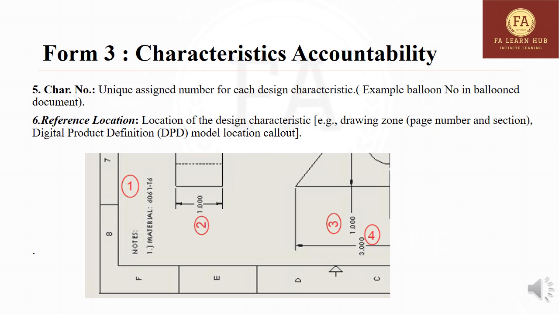Similarly, balloon number 2 can be zone E7. Balloon number 3 can be considered as zone D8. Balloon number or CAR number 4 is located in C8.